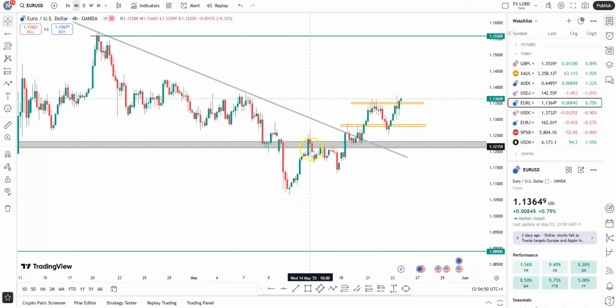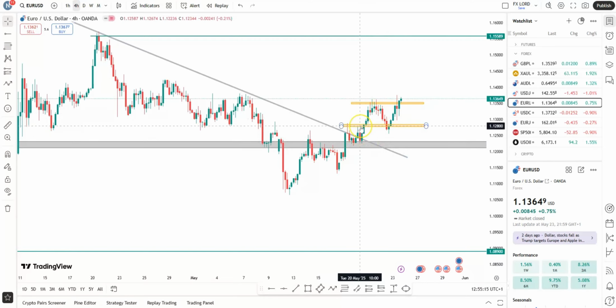support level, which turned into a resistance level. After price came back to this level, it could not hold. The bulls pulled back the price, and you can see this bullish engulfing candle breaking above the resistance level, and after a retest, this level turned into a support level, and price has been acting this way.